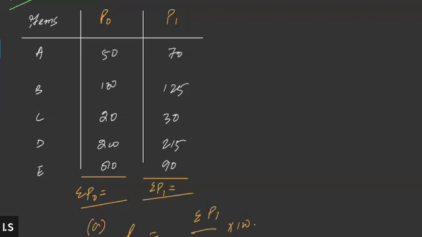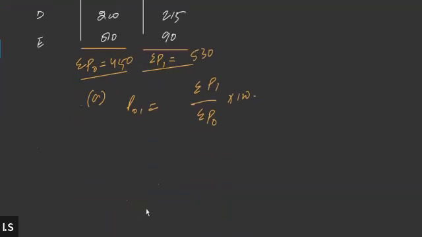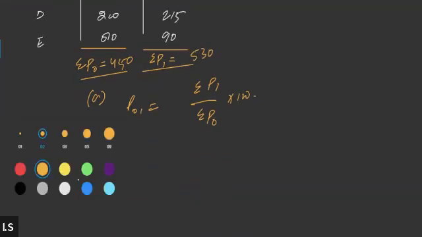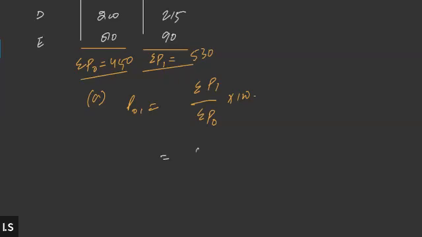So let's total all the prices. 70 plus 125 plus 30 plus 215 plus 90. So 530 is sigma P1, right? And sigma P0 is 50 plus 100 plus 20 plus 200 plus 80, which is 450. So 530 divided by 450 into 100.